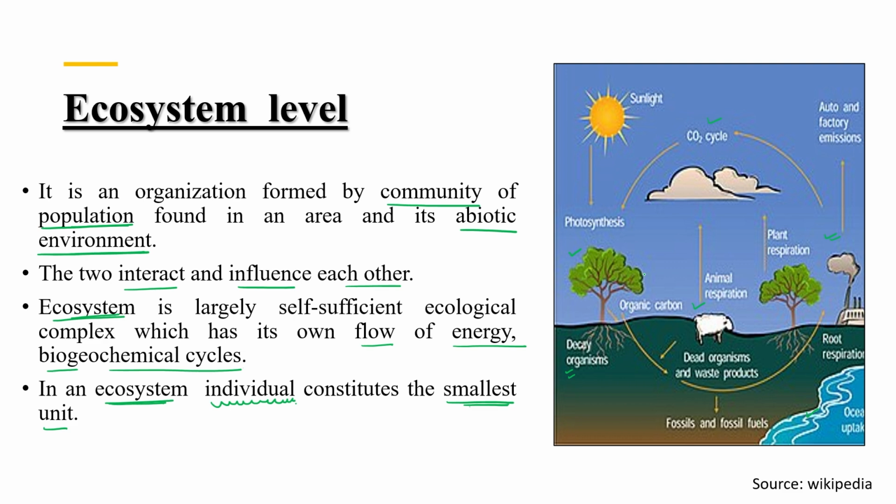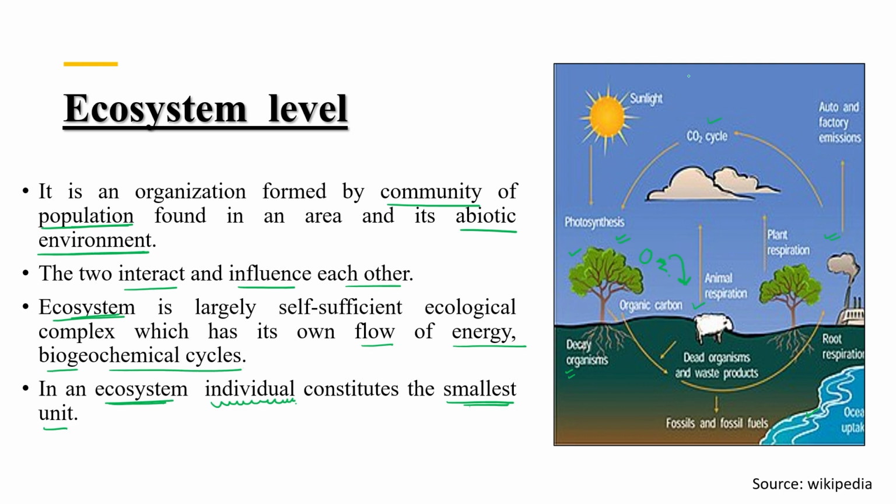During respiration, animals release carbon dioxide, and this carbon dioxide is actually utilized by the plant, and the oxygen which is released by the plant is utilized by the animal. So biotic and abiotic factors both interact with and influence each other, because there is a nitrogen cycle, a carbon dioxide cycle, an oxygen cycle.